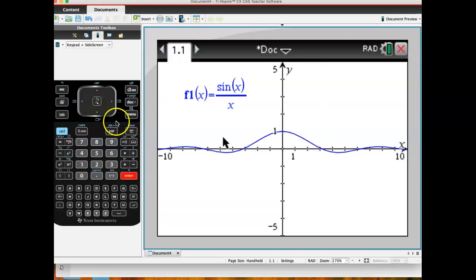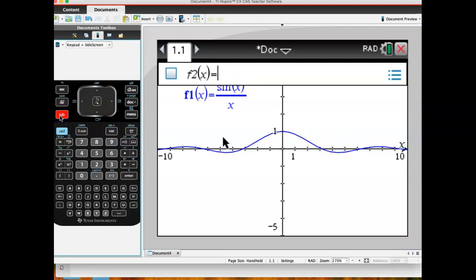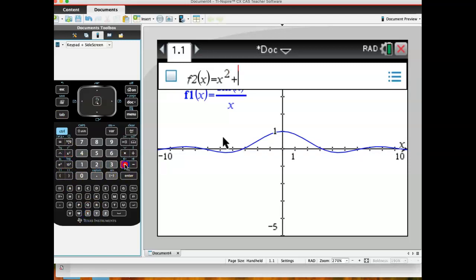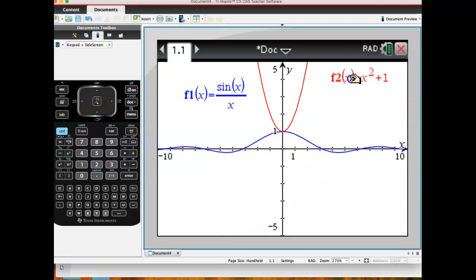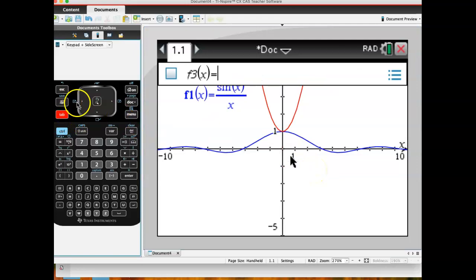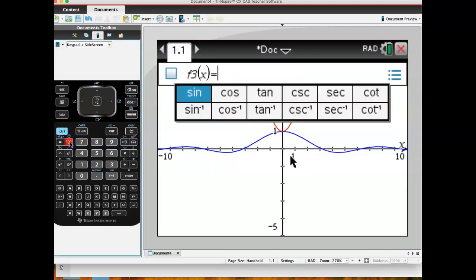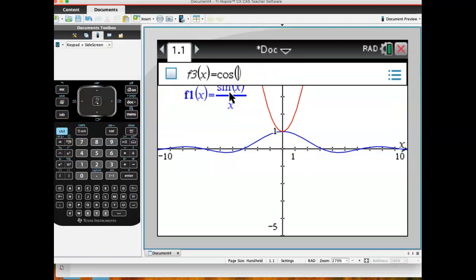Okay, so now I'm going to add in my graph. I'm going to add in my upper graph of x squared plus 1. Around my target value of 0, hopefully it's obvious that x squared plus 1 is always above my f of x function. The other function I'm going to graph is my cosine function, because I like trig.